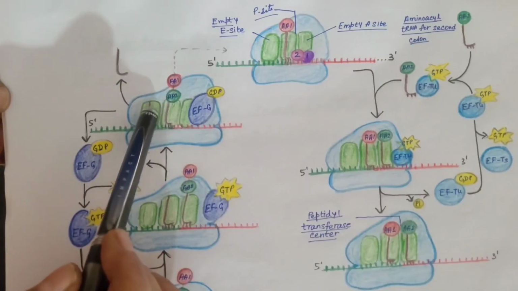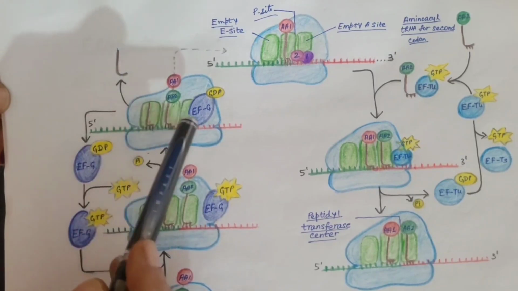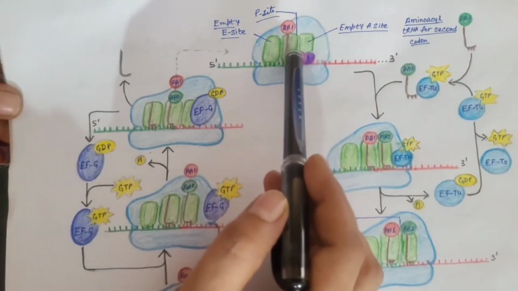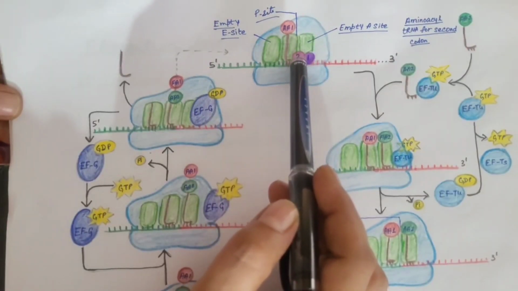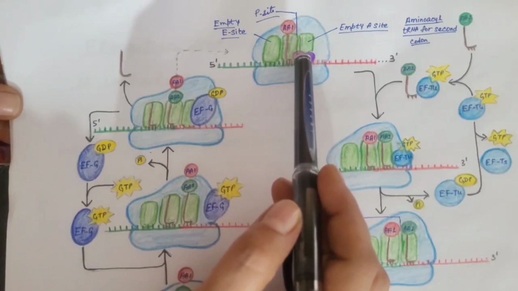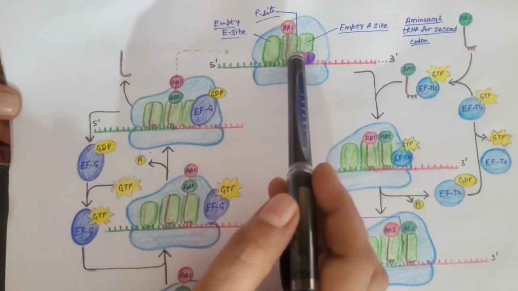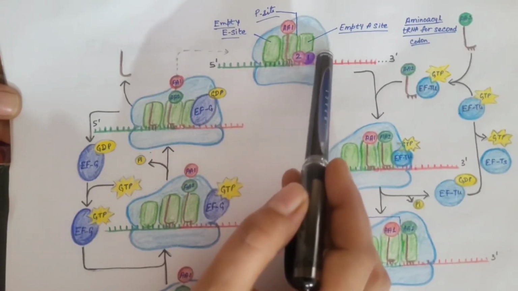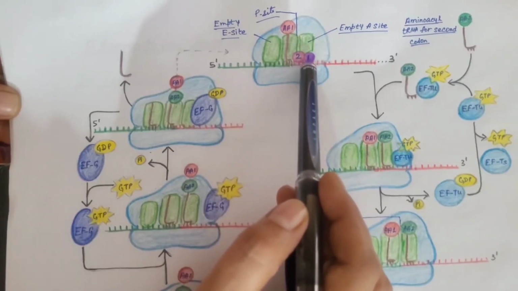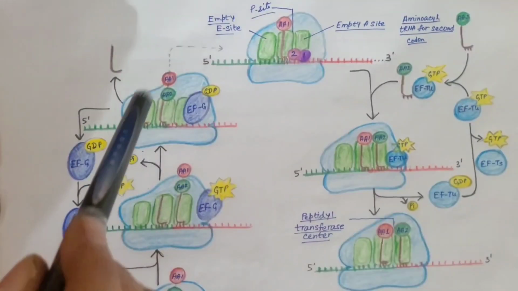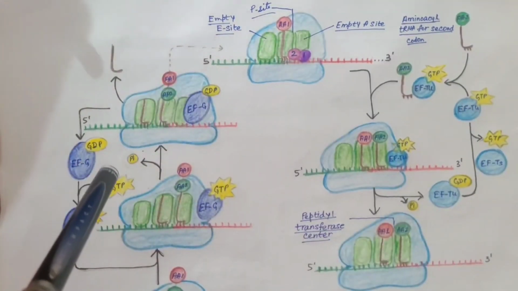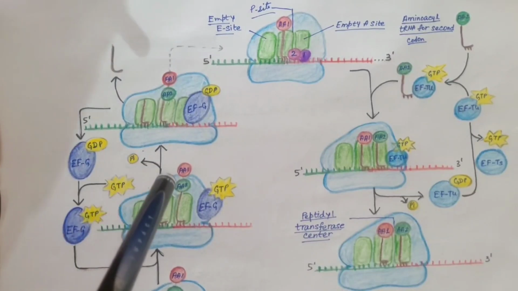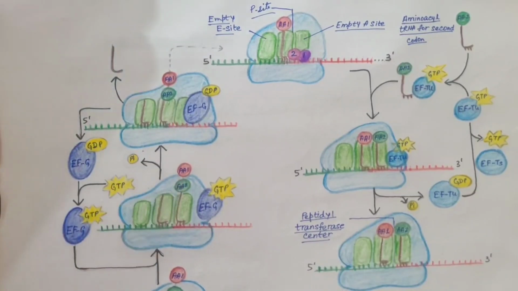This then exits from this E site. Now the A site becomes empty or unoccupied, which then binds with the new aminoacyl transfer RNA depending upon the codon that is present in the A site. So the process continues in the cyclic manner till the entire messenger RNA is read or decoded.